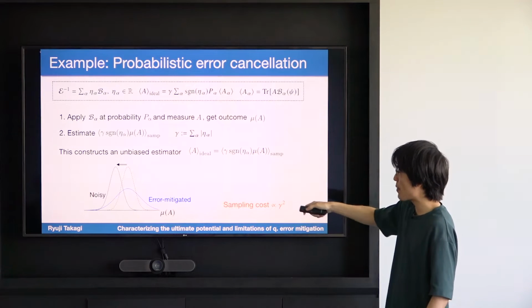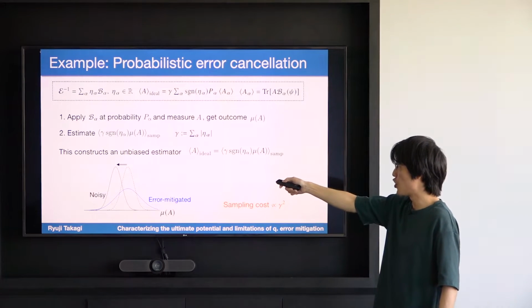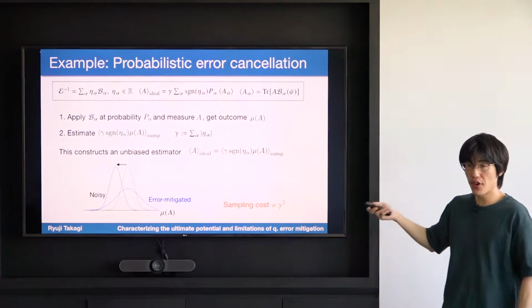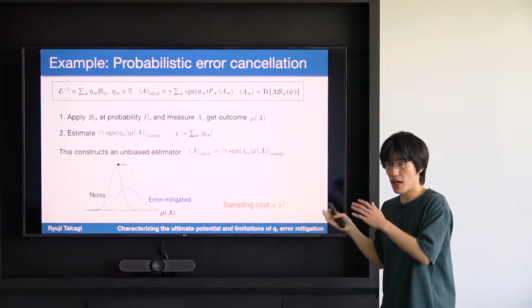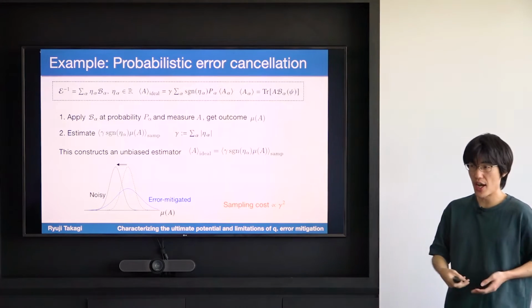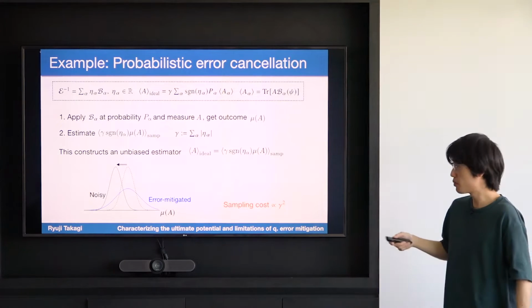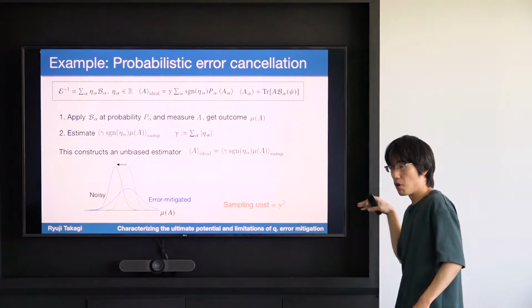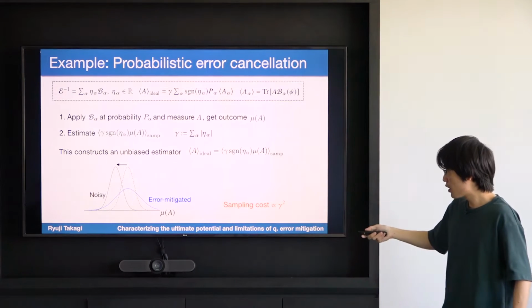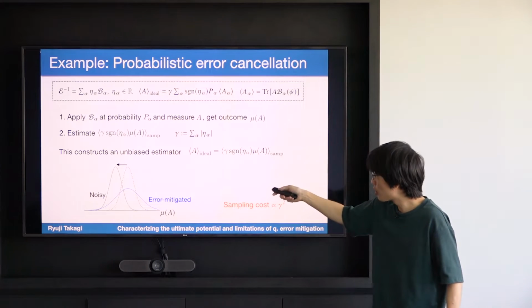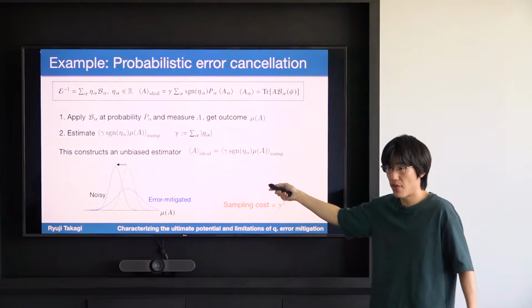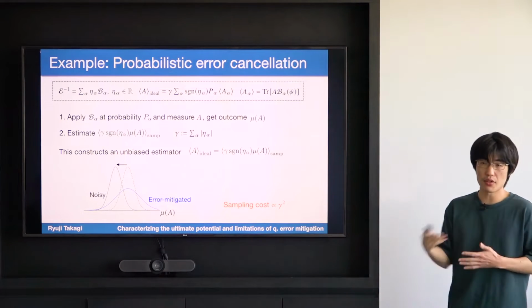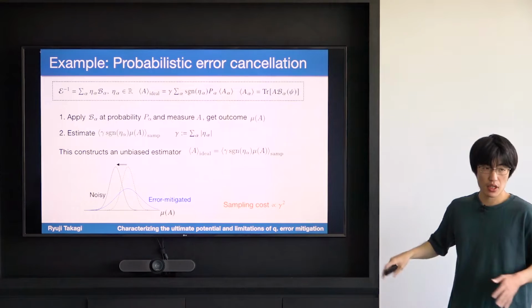This broadening happens because of this multiplication of gamma, basically. If there is a negative coefficient in eta, then that is picked up and gives you a larger value of gamma. So gamma is usually greater than 1, so it broadens the distribution. This is what's happening. So basically, the sampling average is to sample from this error-mitigated distribution and try to get the expected value of this broader distribution.